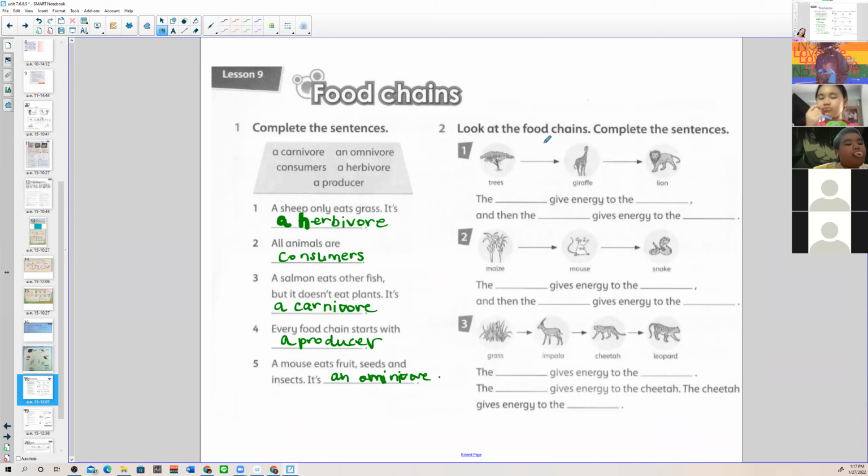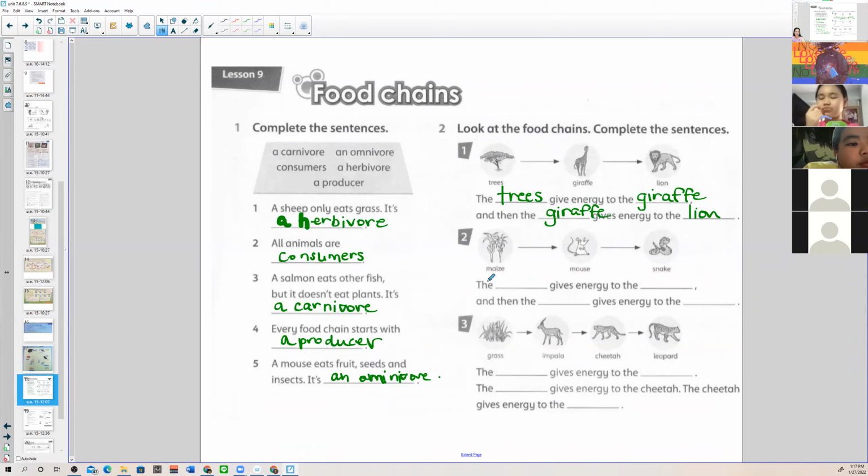Number 2, look at the food chains and complete the sentences. The trees give energy to the giraffe, and the giraffe gives energy to the lion. Yes, that's how you read the food chain.